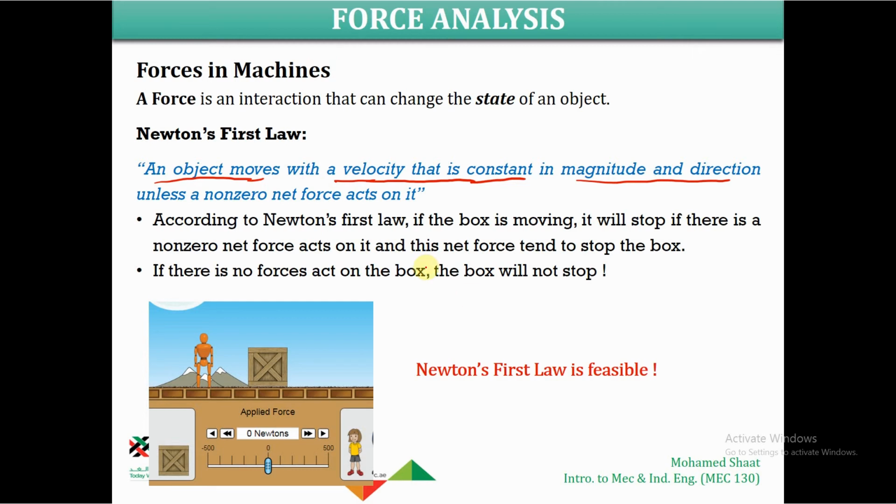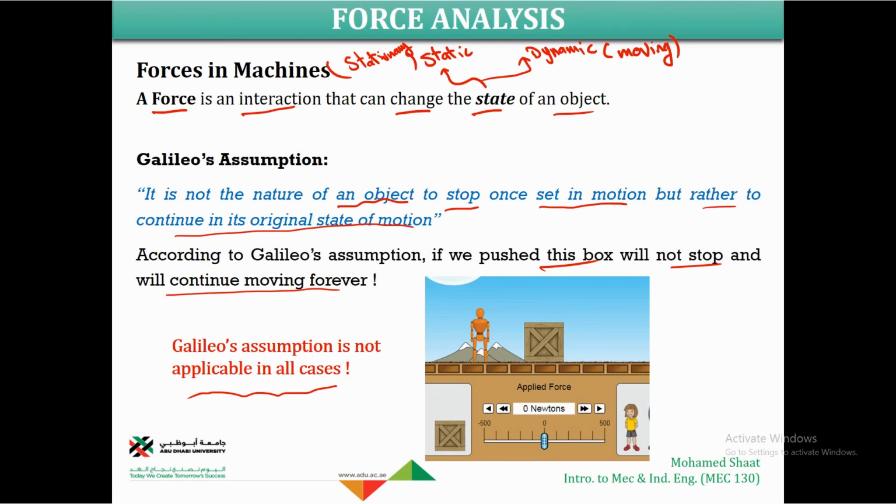So this object that moves with a constant velocity, constant in magnitude and direction, will continue to move unless a non-zero force acts on it. So what is the difference between this one and the previous one? Galileo said that if you have an object that moves in general, this object will not stop. But this is not valid. We said that there are other scenarios in which this object will stop because of friction, air resistance or whatever.